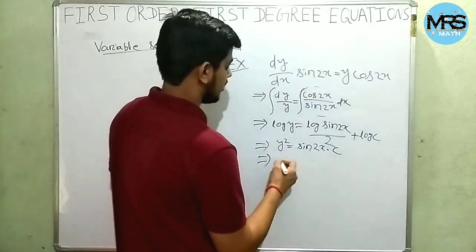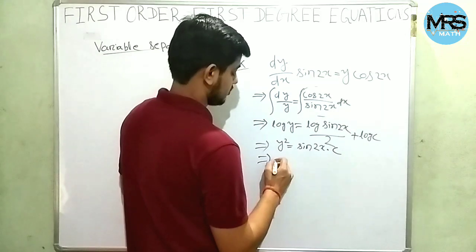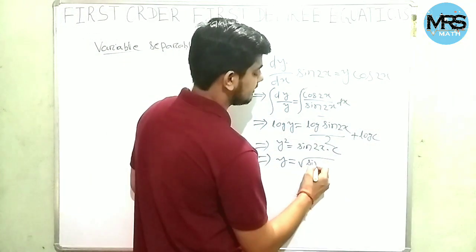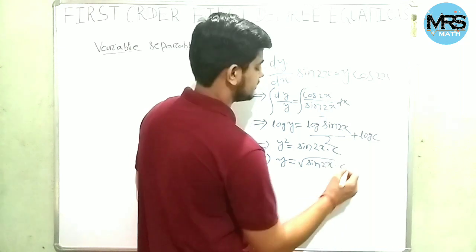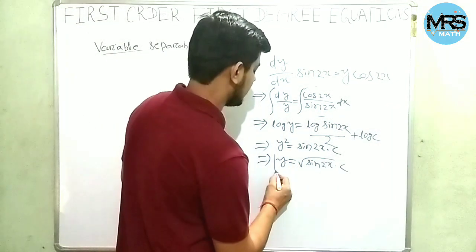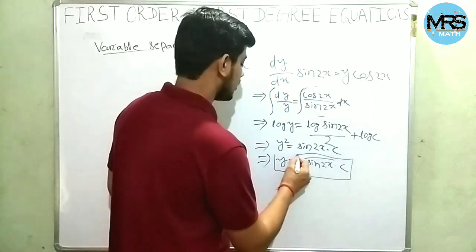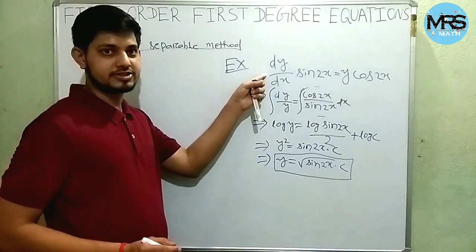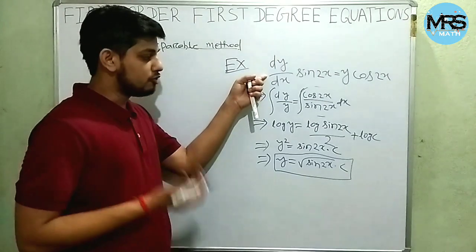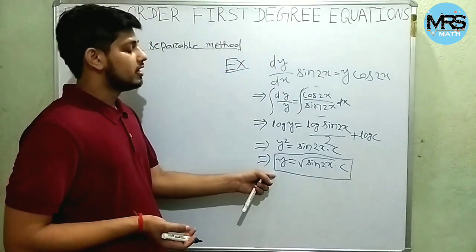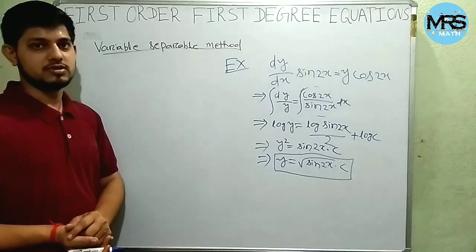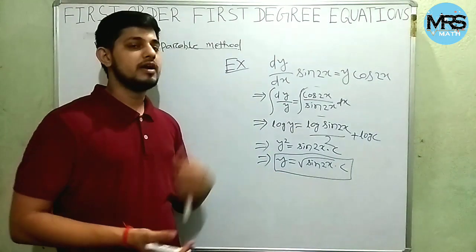If you take the root over, then y equal to root of sin 2x into c. So this is the final solution curve for the differential equation. And how we did it by using the method of variable separable, and hence the result.